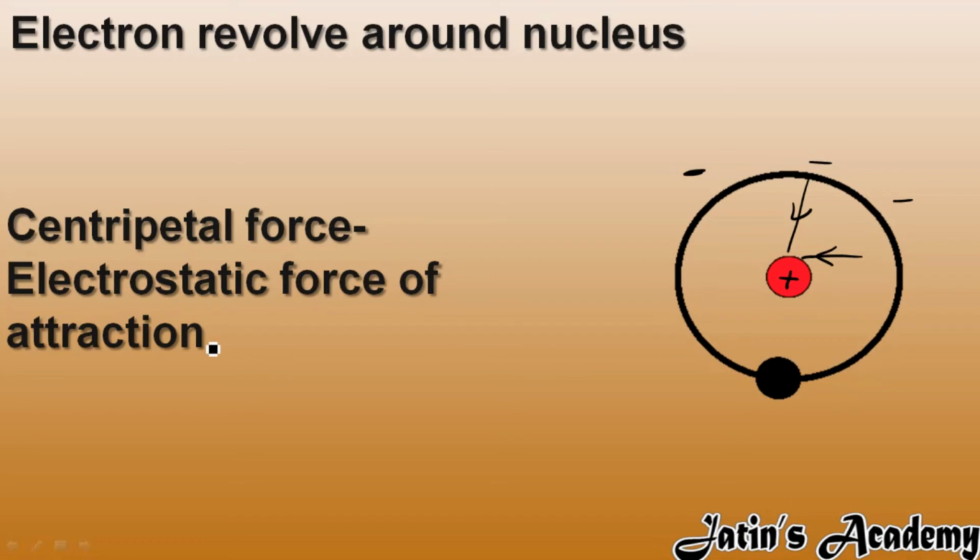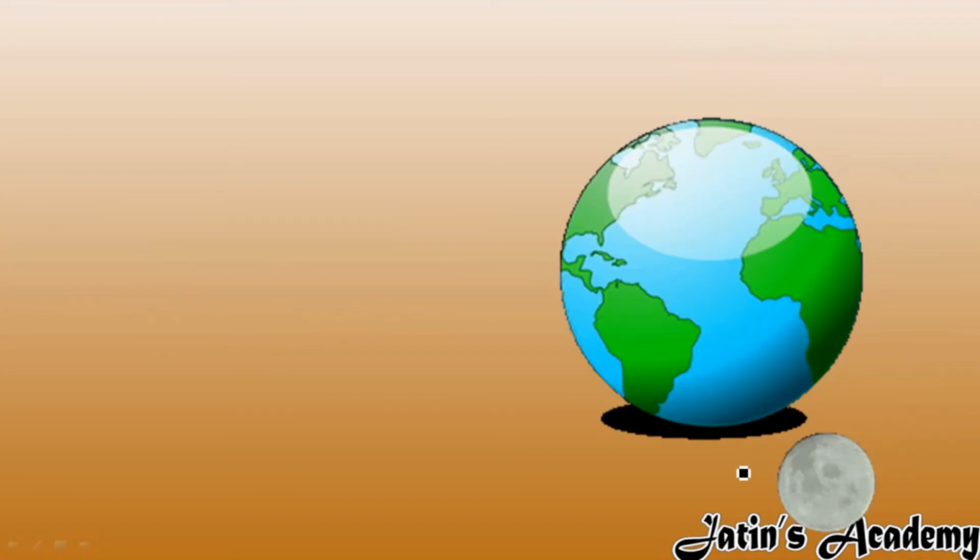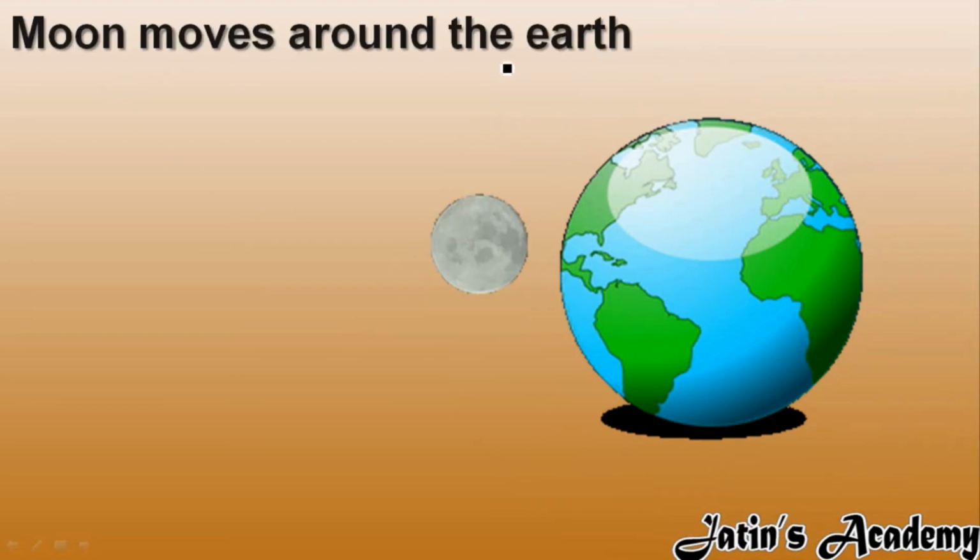Now carefully see this here. Centripetal force is acting, but the name of the centripetal force acting in this case is electrostatic force of attraction. Now let's see another example. The moon revolves around the earth. As the moon revolves around the earth, there is attraction between the two masses, that is F equals G m1 m2 by r square.